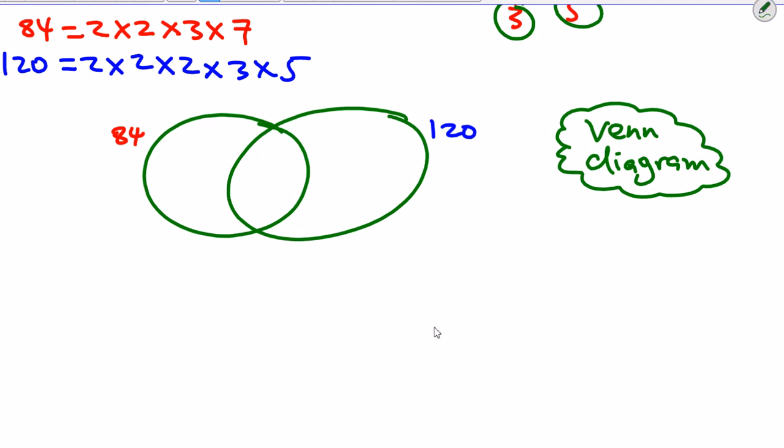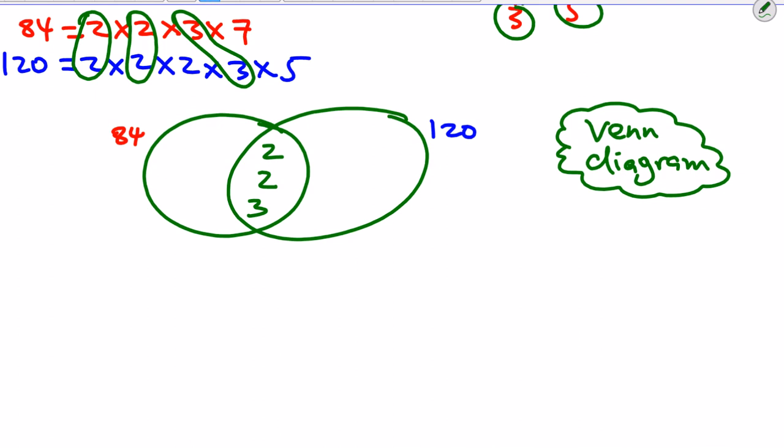Now, if you look at prime factors of 84 and 120, there are those prime factors that are in both 84 and 120. For example, 2 is in both, so I'll write 2 there. There's also another 2 that's in both, so 2 there, and then I have 3 here, and I write 3 there.